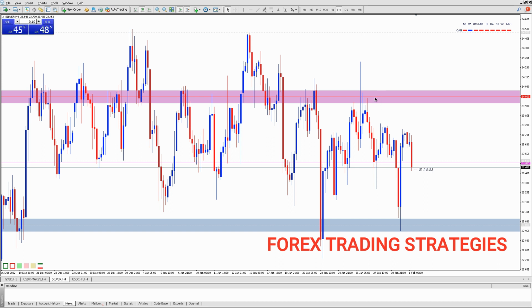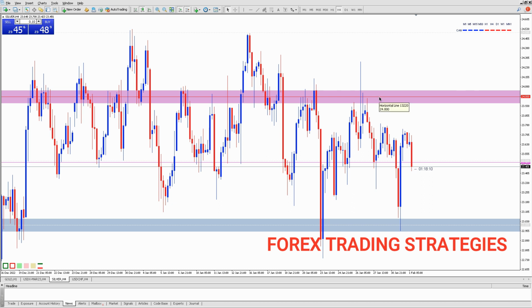Let's say I sold here and my target is this area. Of course, my immediate target will be here, which will be TP1, and this will be TP2. Then after price starts dropping, when it eventually reaches this area, I take off 50 or sometimes 75% of this trade.